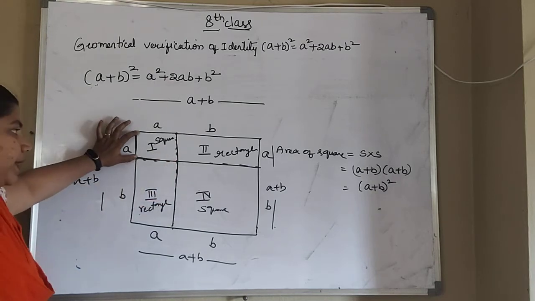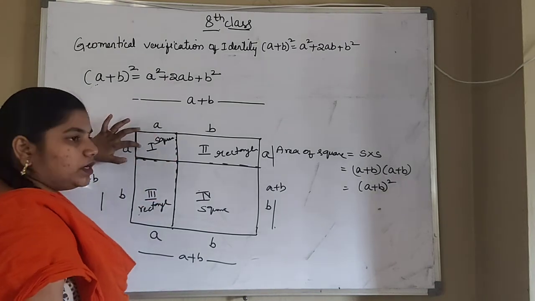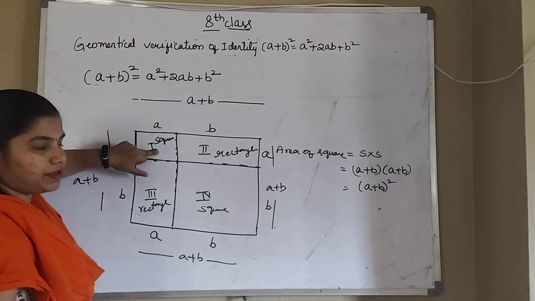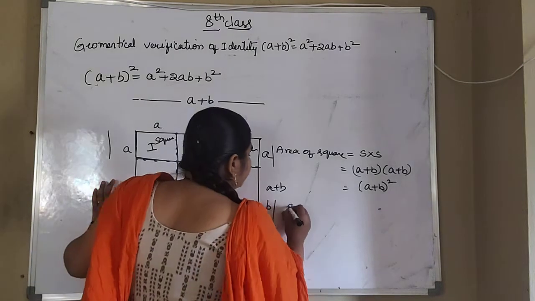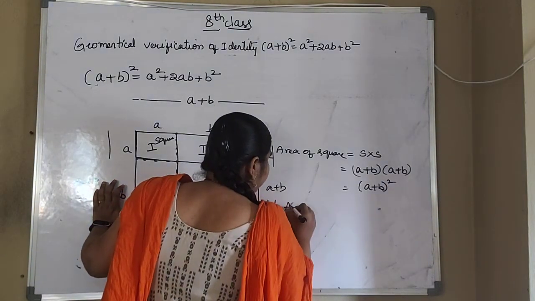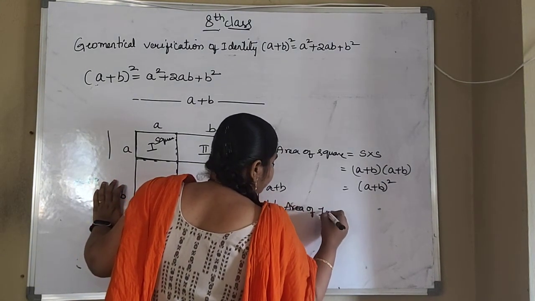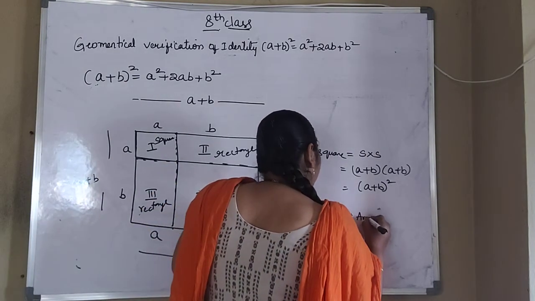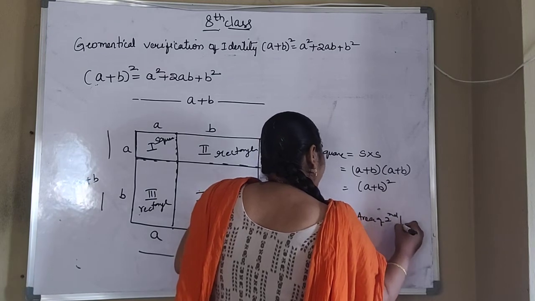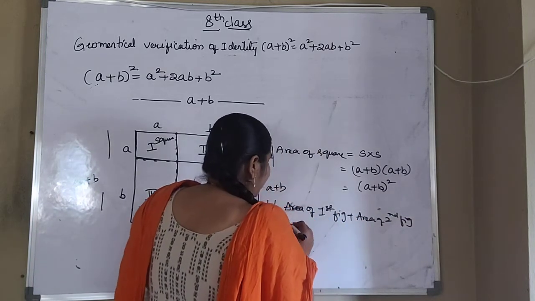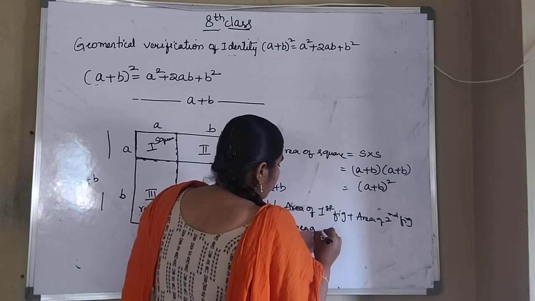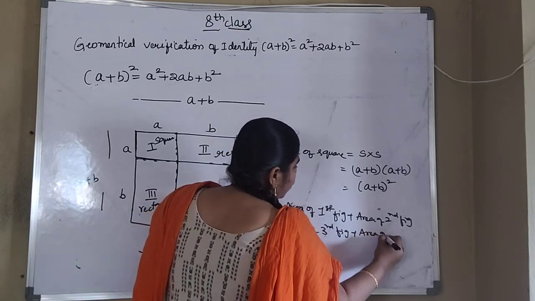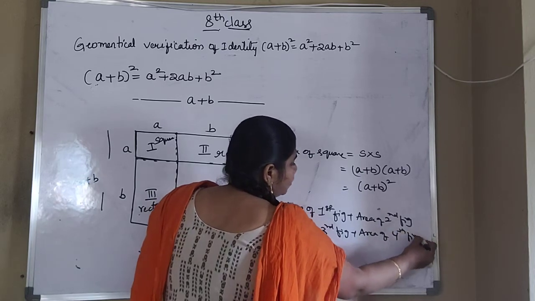So I am taking the first part. Area of a square means side into side. So the area is the area of the first figure plus the area of the second figure plus the area of the third figure plus the area of the fourth figure.